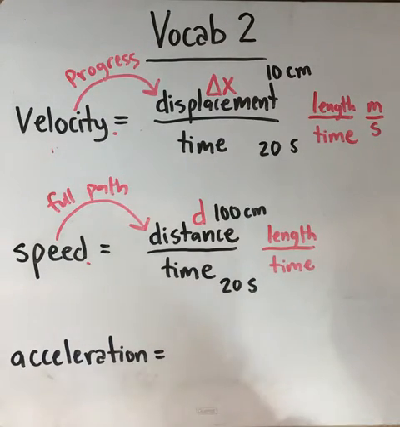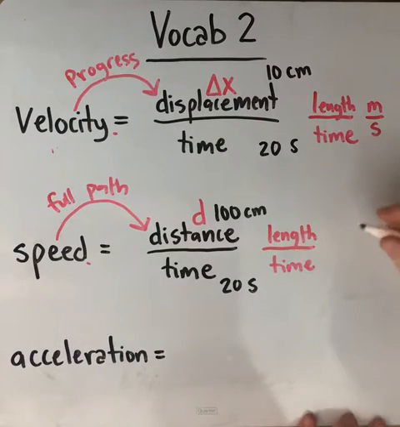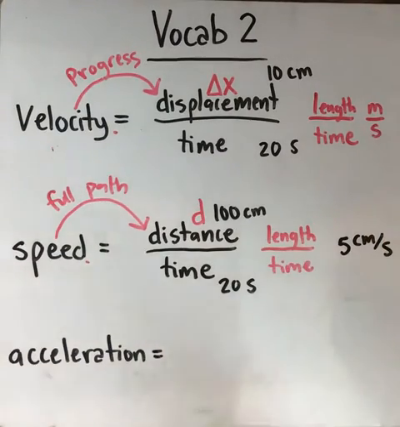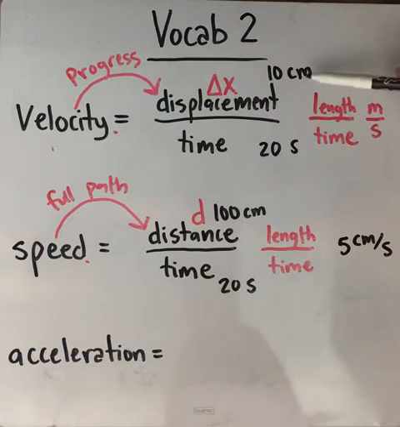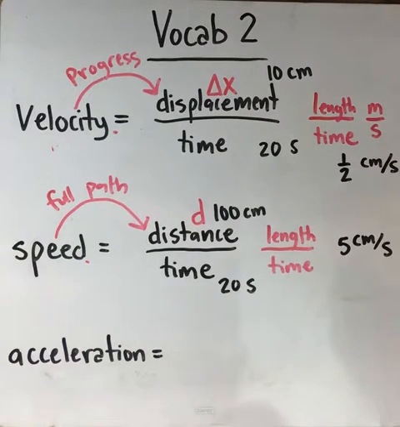If we plug these numbers in, 100 divided by 20 means that little worm was going 5 centimeters per second. Way to run, little fella. But if I plug in these numbers, 10 divided by 20, I only get 1/2 of a centimeter per second.